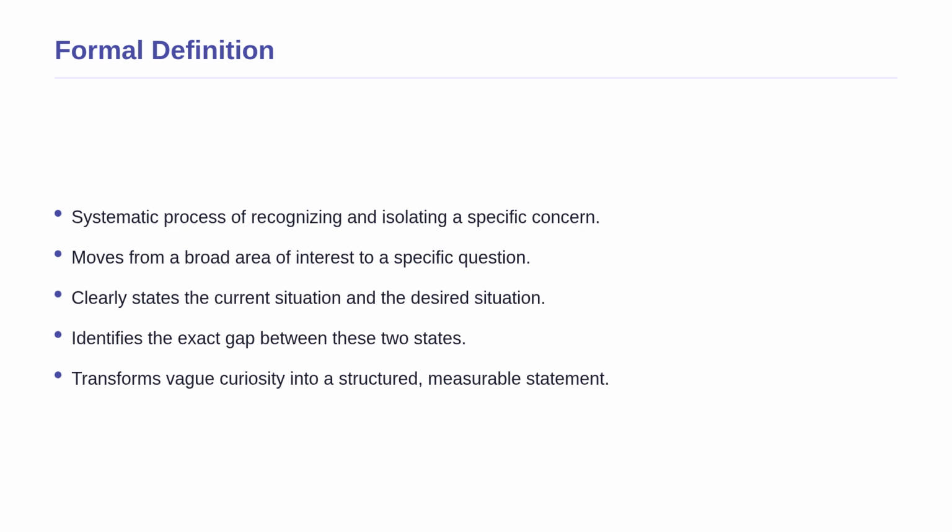A well-identified problem clearly states the current situation, the desired situation, and the gap between them that the research intends to close. Ultimately, this process transforms a vague curiosity into a structured, measurable, and researchable statement that will guide your entire methodology.